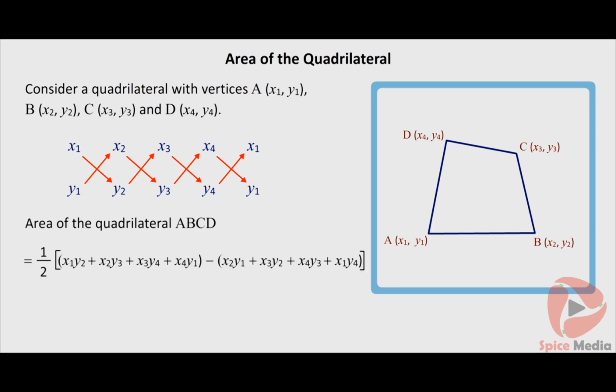Then the area of the quadrilateral is equal to half into x1 into (y2 minus y4) plus x2 into (y3 minus y1) plus x3 into (y4 minus y2) plus x4 into (y1 minus y3).